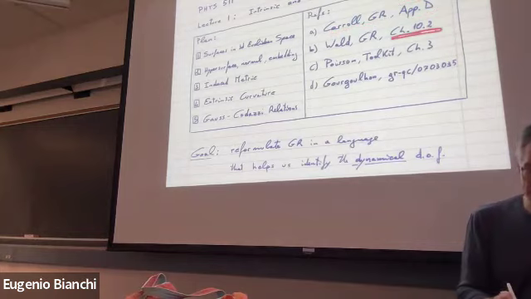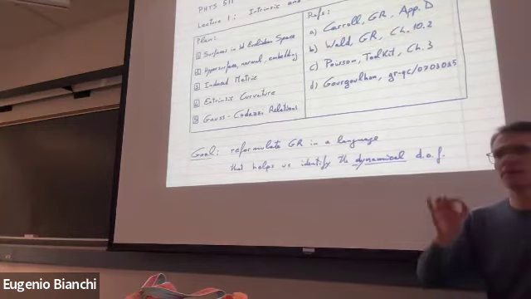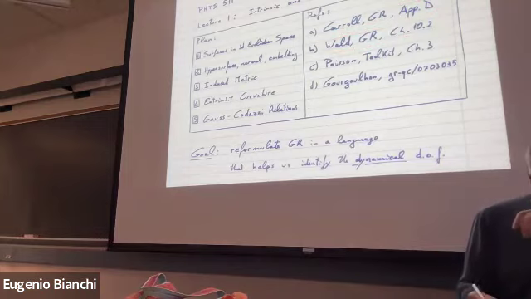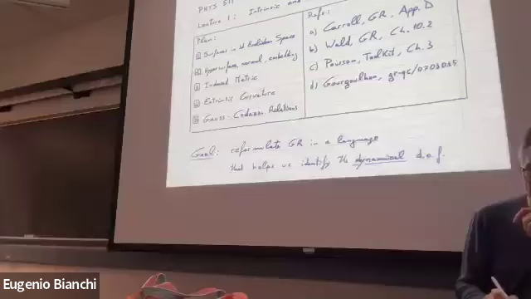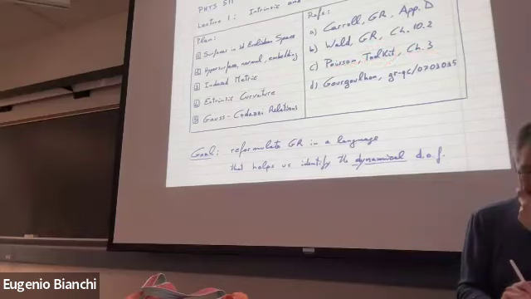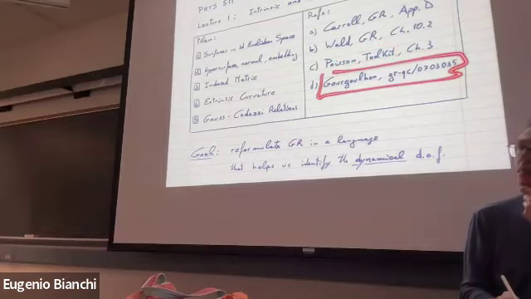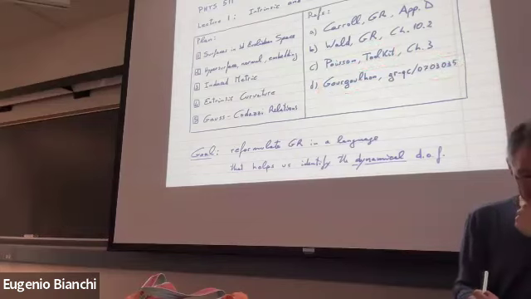There's a full chapter in Wald's book, more mathematical, more abstract, where you get all of the ideas. When you do calculations, it's useful to have many techniques. There's a chapter in Poisson's book. Gourgoulhon has a review on numerical relativity that does all of these things, and it's a good introduction. You have these slides, right?